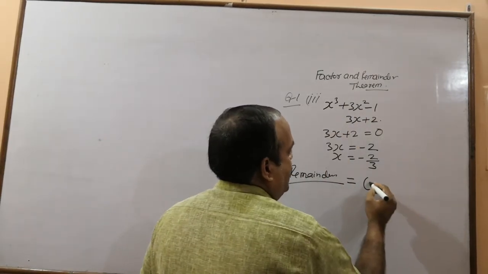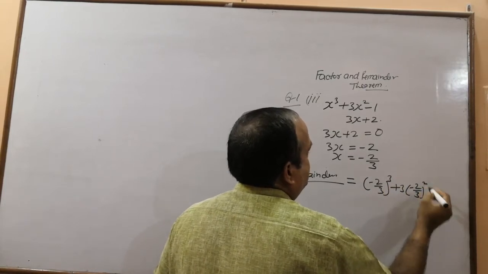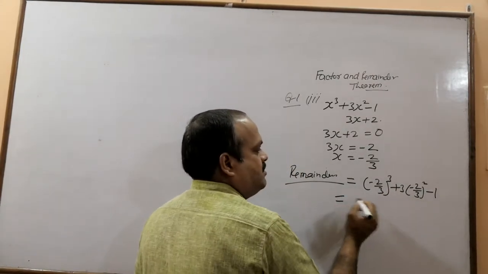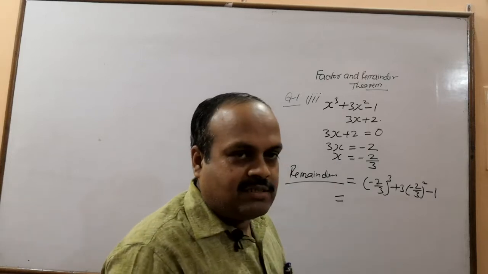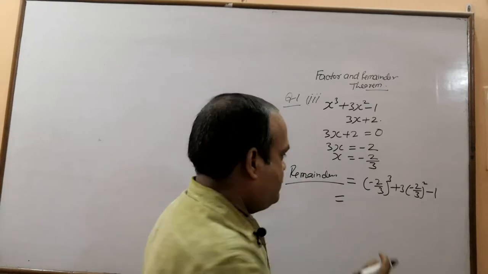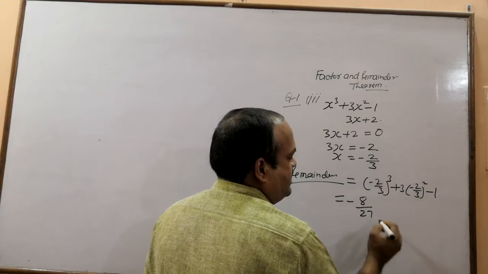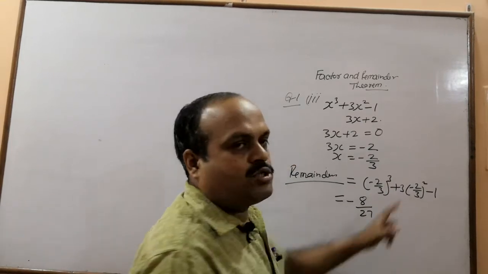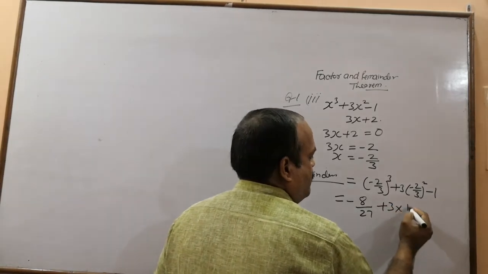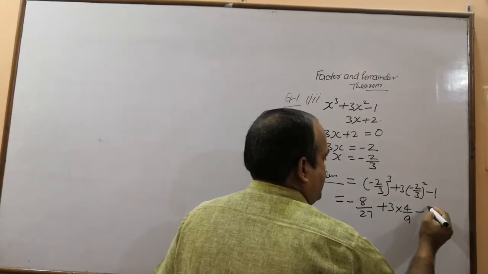So, write minus 2 by 3 whole cube plus 3 into minus 2 by 3 whole square minus 1 is equal to, I hope you know, as I told in the last question, the cube of a negative remains negative. So, we will get here minus 2 cube will be 8 and 3 cube will be 27, minus 8 by 27. The square of a negative number becomes positive. So, we will get here plus 3 into 4 by 9. I hope you know the square of 2 is 4, and the square of 3 is 9, minus 1.